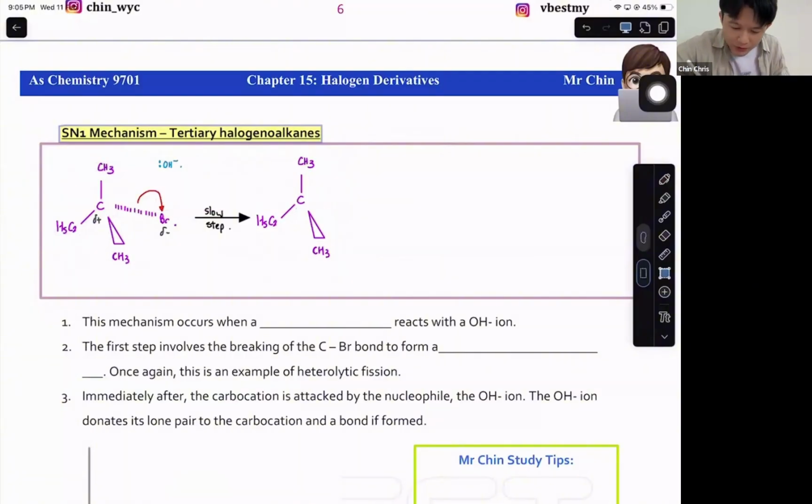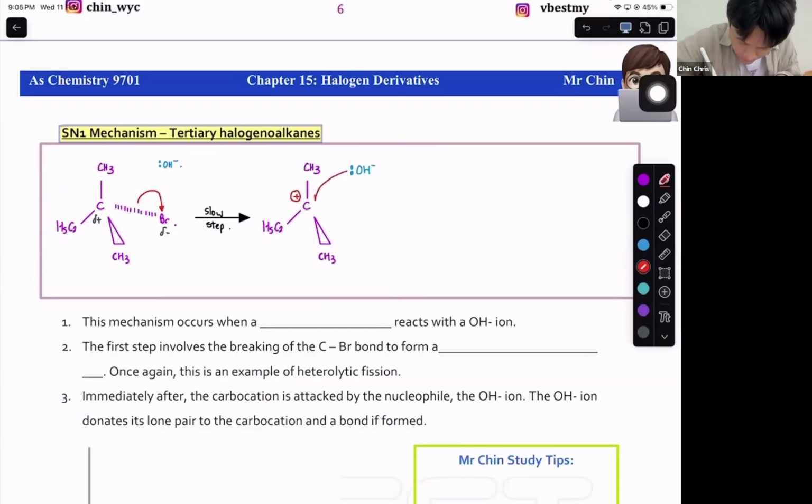So after breaking up, this central atom is available now. We have a positive charge available. Then my OH be like, oh my god, you are single and available, single, ready to mingle. Here we come. Whee!